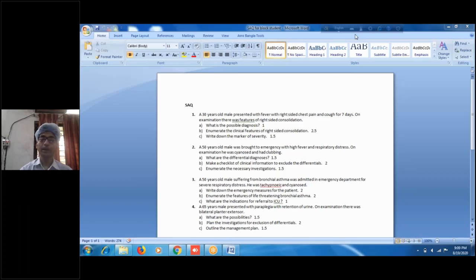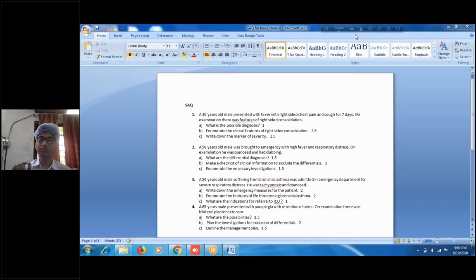When you intend to write an answer to a short answer question, you should make out the information that is given in your statement in a very short period of time. Like what is the age of the patient if it is a clinical scenario, and what is the duration of the symptom. These are very important things to deduce the right diagnosis.